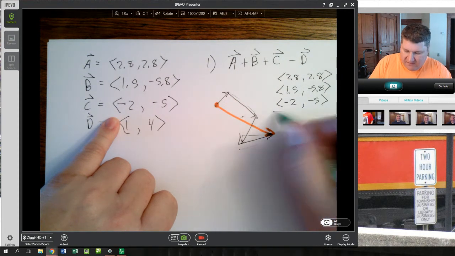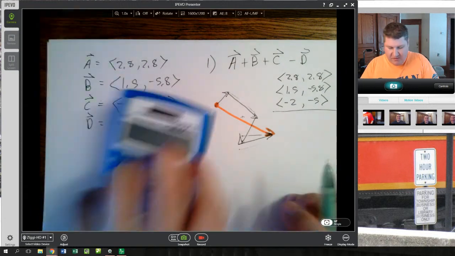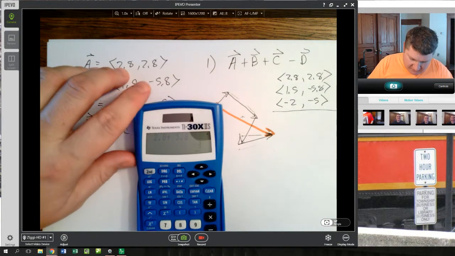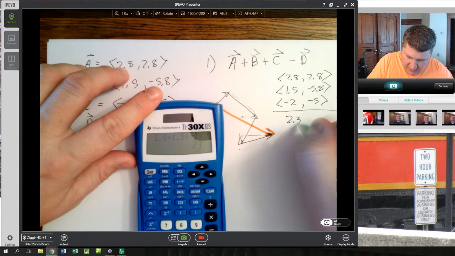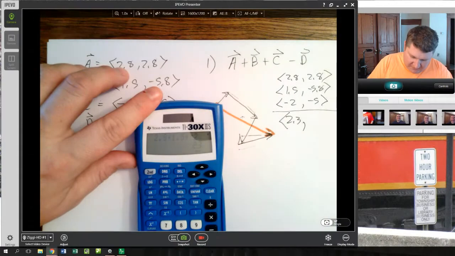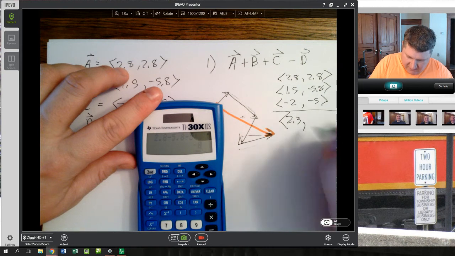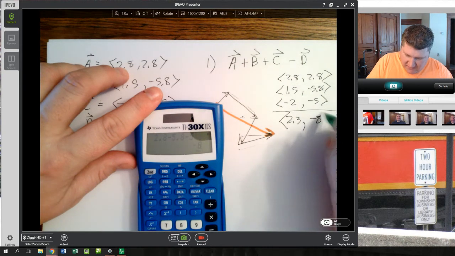Now, let's stop there and just add those up real quick. Add all the x pieces. 2.8 plus 1.5 plus negative 2. The answer is 2.3. And then I take 2.8 minus 5.8 minus 5. Answer is negative 8.